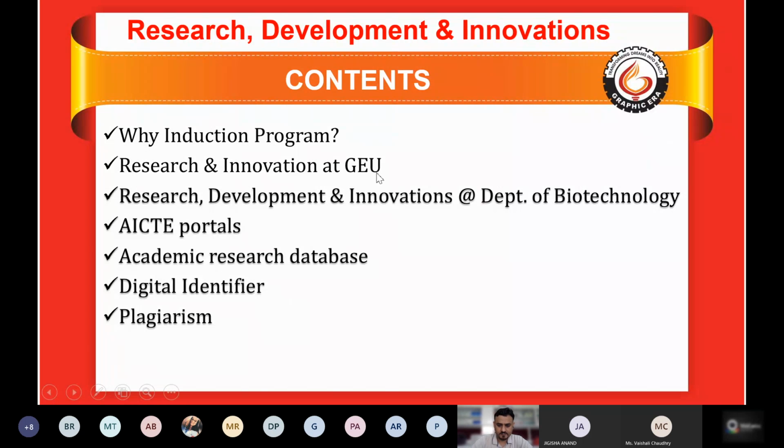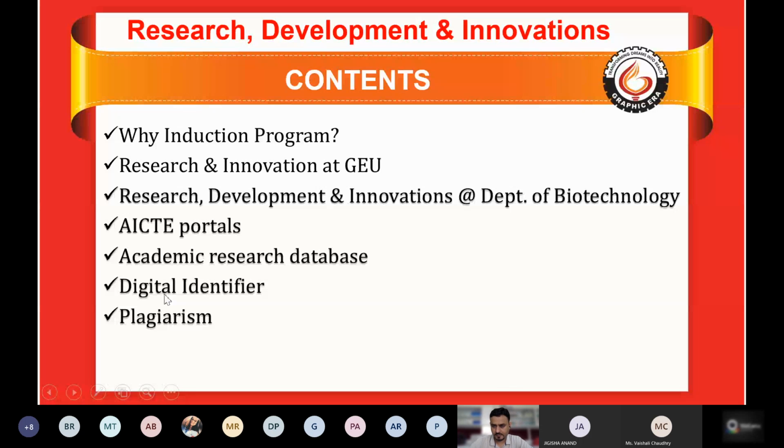Then research, development and innovations at the Department of Biotechnology. Then the All India Council for Technical Education portals, which are important for you as a student of engineering. Then academic research databases. What are the different academic research databases, right? And then I will move to digital identifiers, followed by a little bit about plagiarism.